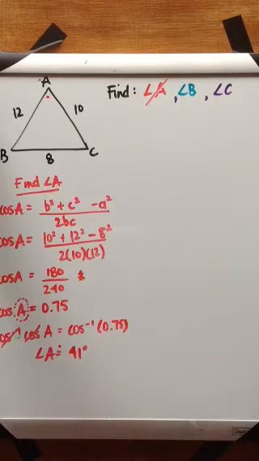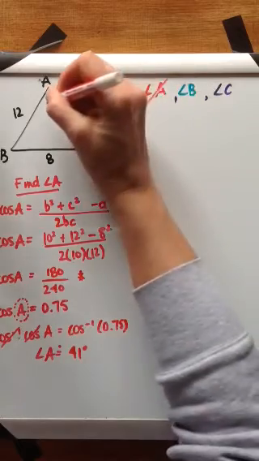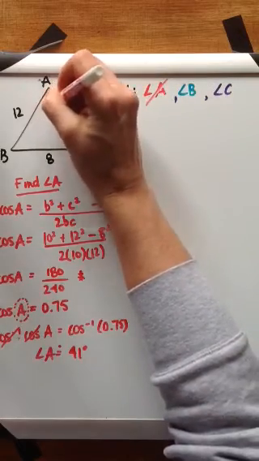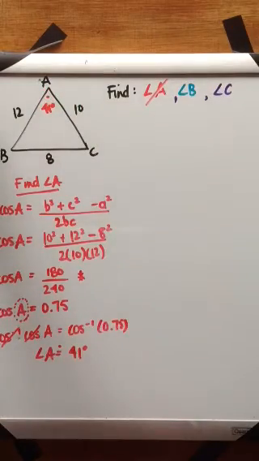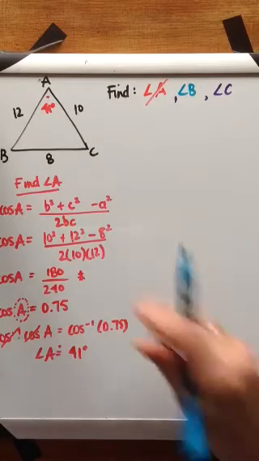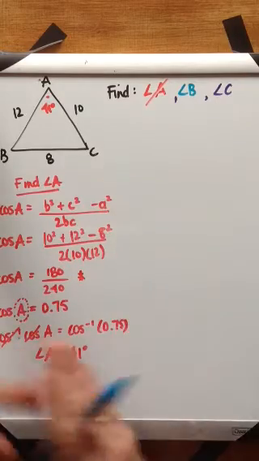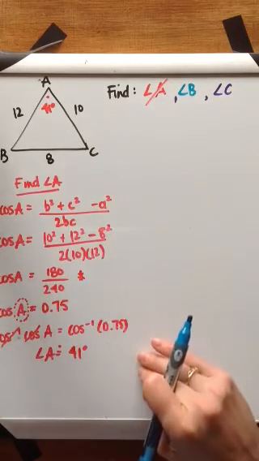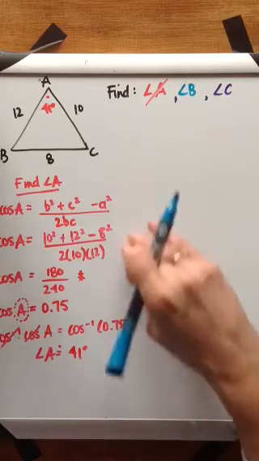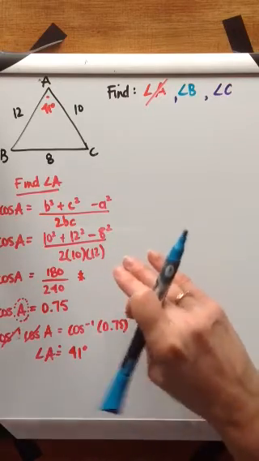Let's now go to the next piece, and maybe I'll write it in here too, just as I go, so that I can do that final check of do my answers make sense. So for angle B, I could do all this all over again, okay? But why would I? I notice that it's a lot of steps. It's a lot of thinking and a lot of places that go wrong if I try to skip steps.